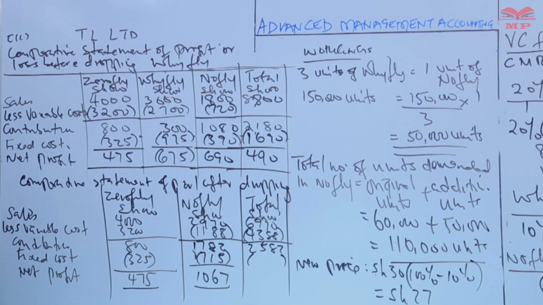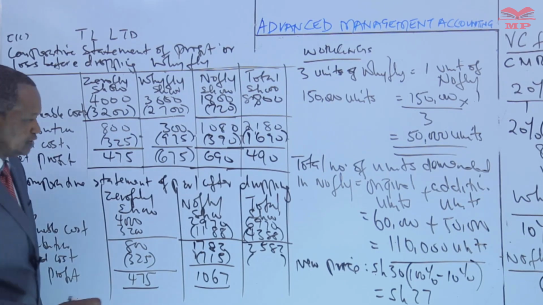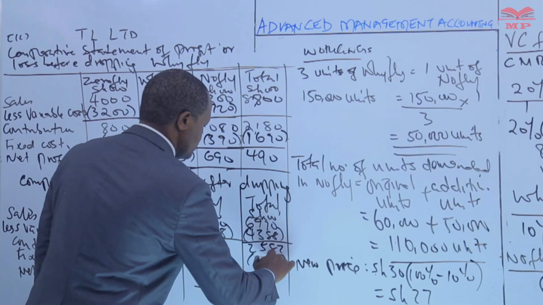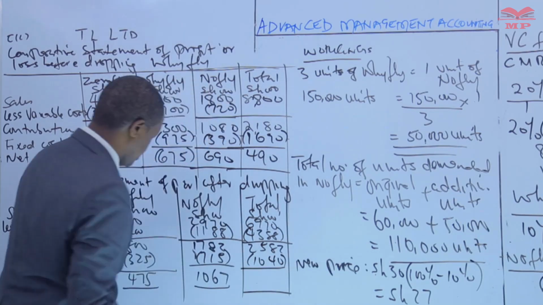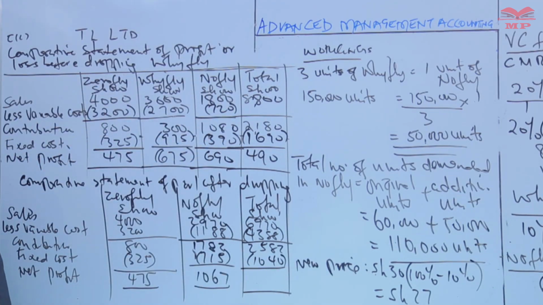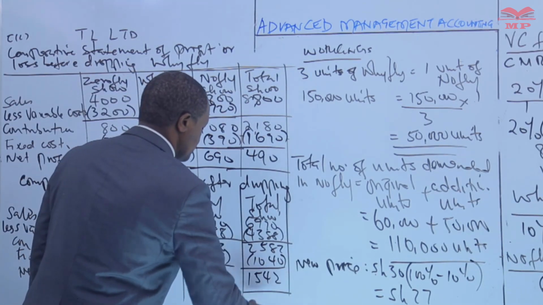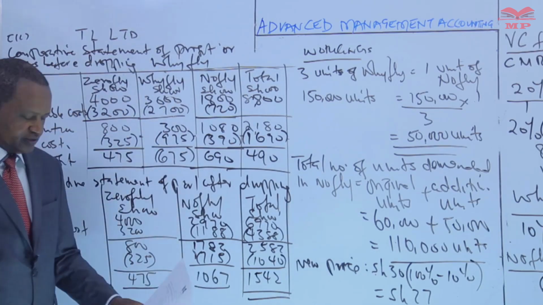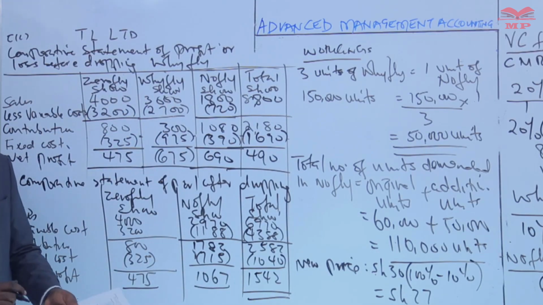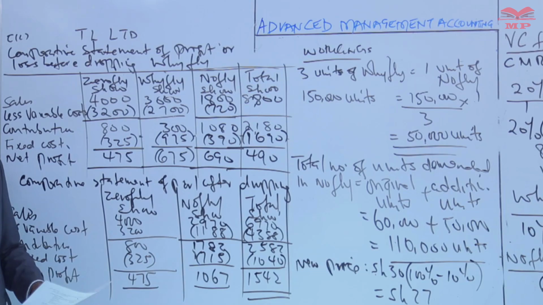That is 325 plus 715. Yes, 1040. Total net profit. That is 475 plus 1067, 1542. That's it. That is how you are required to work out that one.